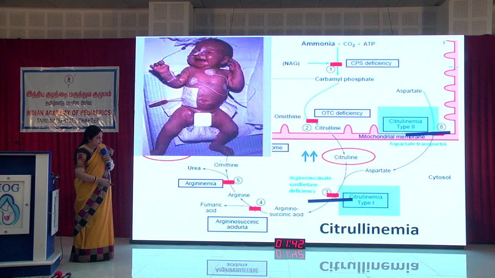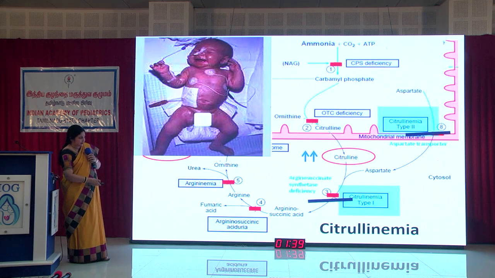Next is citrullinemia. Citrullinemia is the next step. Here, it could be either citrullinemia type 1 or type 2. Type 1 is a block here and type 2 is a block here, where citrulline combines with aspartate to form arginosuccinate. When this enzyme is deficient, it is called citrullinemia type 1.